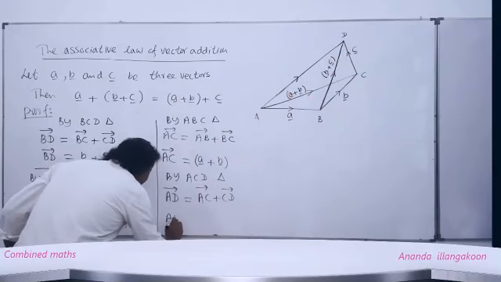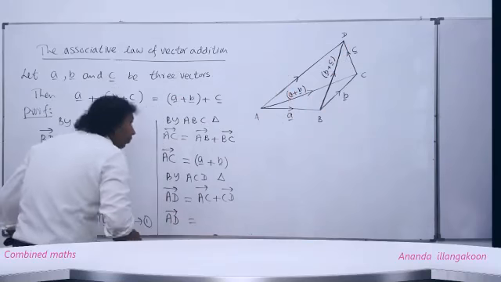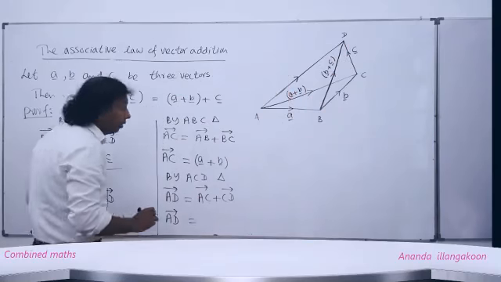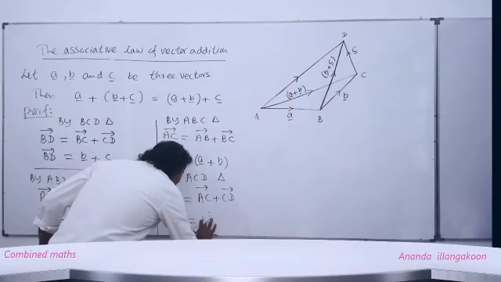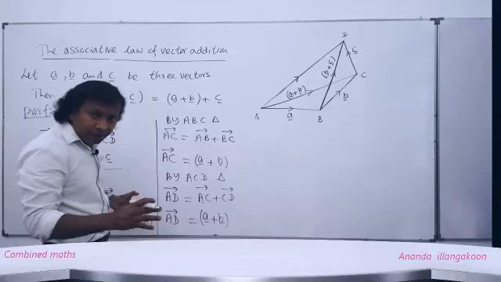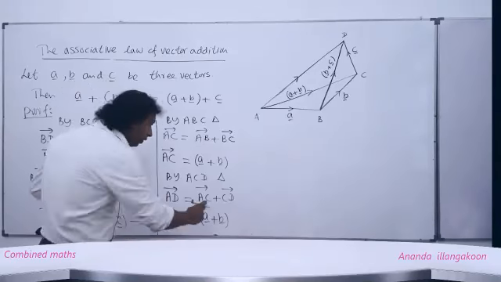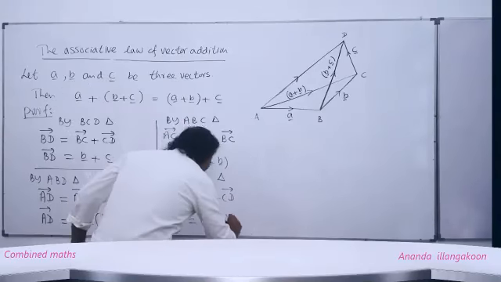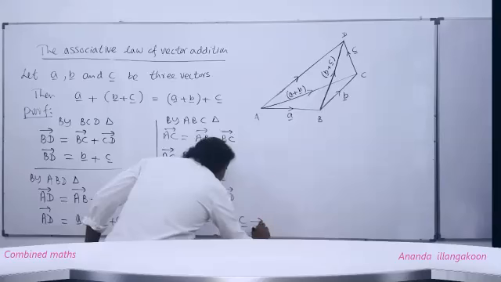AC vector is, people, A plus B vector. Just now we found A plus B, we write within brackets to give the idea that A and B have been added already, and CD is that C. Let us take this as number 2.